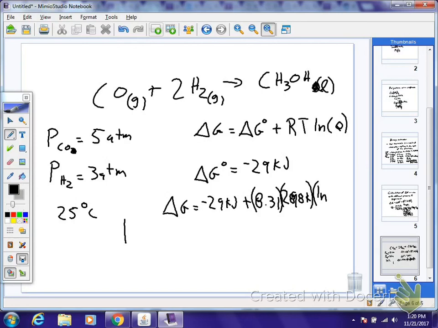So it's 1 over the CO, just 5 atmospheres, times 3 squared. 3 squared is 9, times 5 is 45, so 1 over 45. What would that get us for a value?